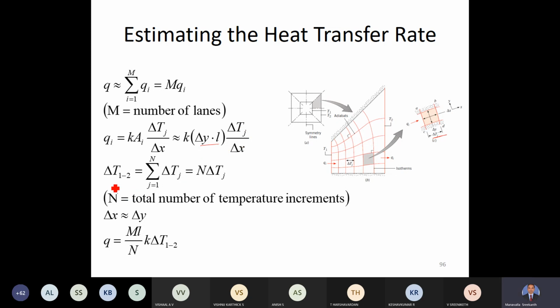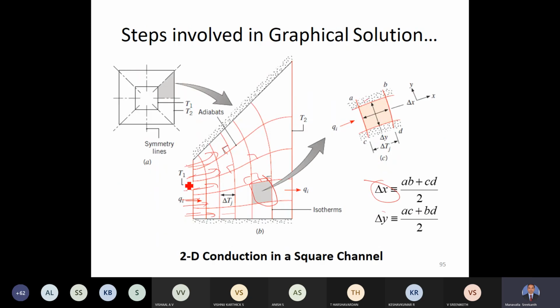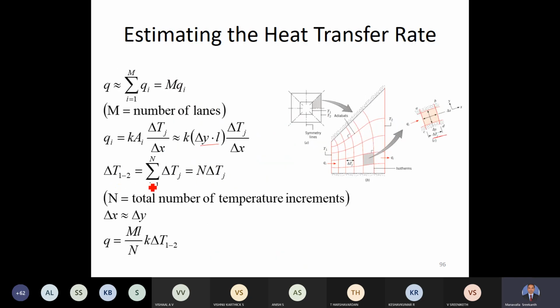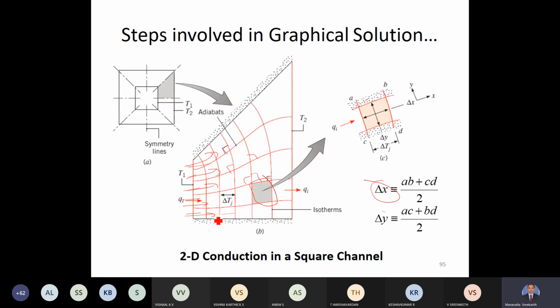Now delta T1 to 2. Now you see here delta T1 to 2. So this entire overall temperature difference, T1 minus T2, that's delta T1 to 2, is equal to sigma j equal to 1 to n delta Tj. So if you break up this temperature difference into small gradients, see, this is T1 and this is T2.